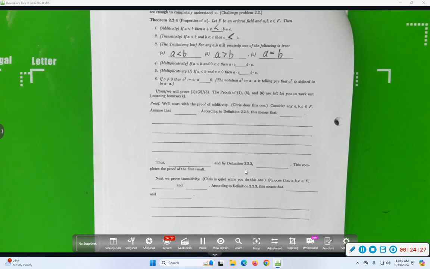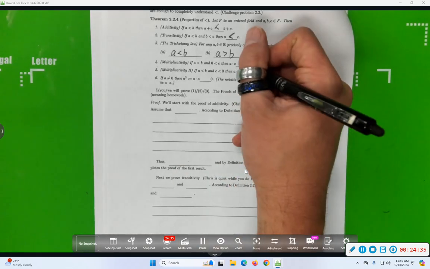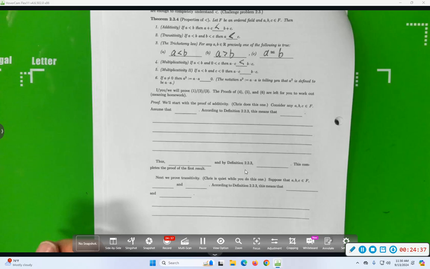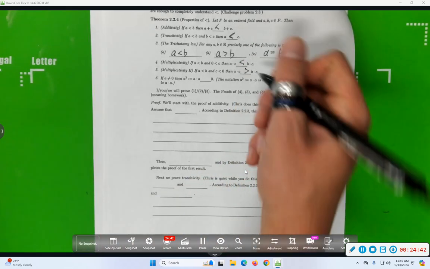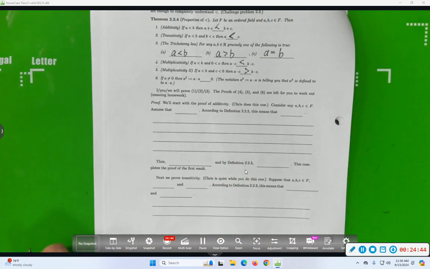Multiplicativity. If A is less than B and C itself is positive, then how do A times C and B times C compare? Less than. Cool. What if C is negative? Flip it. Yeah, multiplying by a negative flips inequalities. Squaring. If A is not 0, then what can you tell me about A squared? Greater than 0.